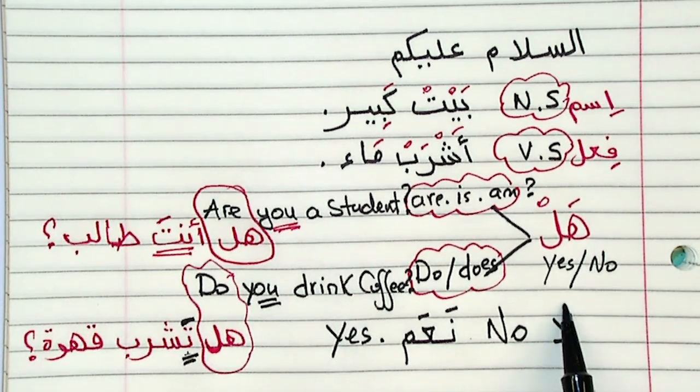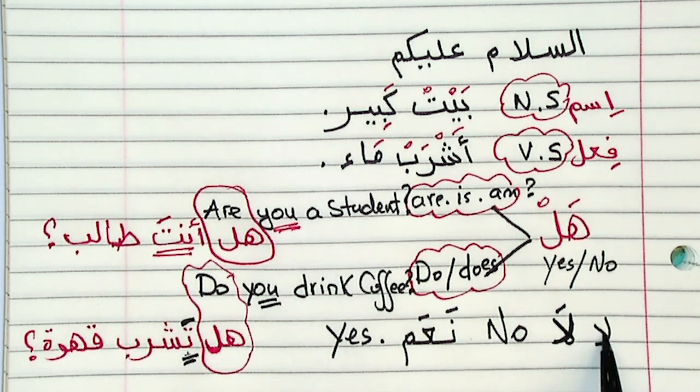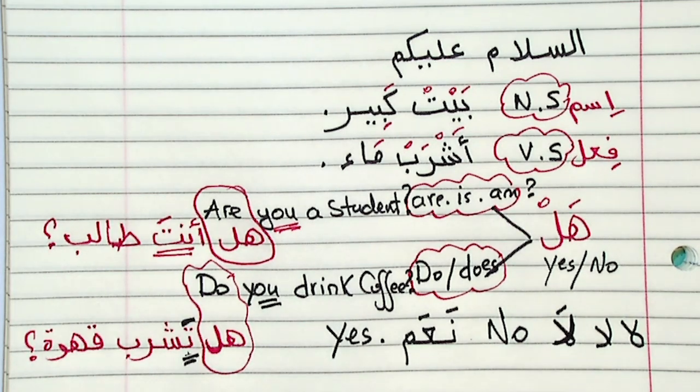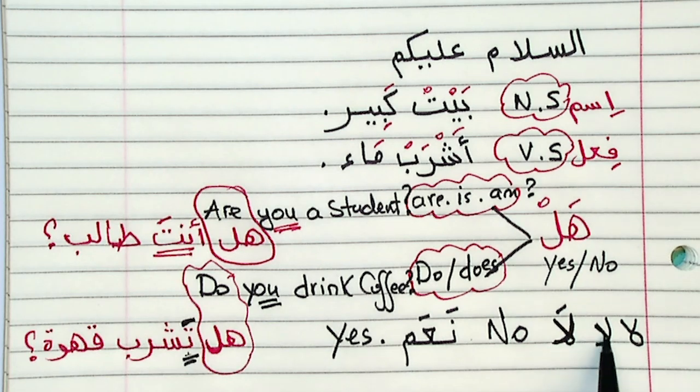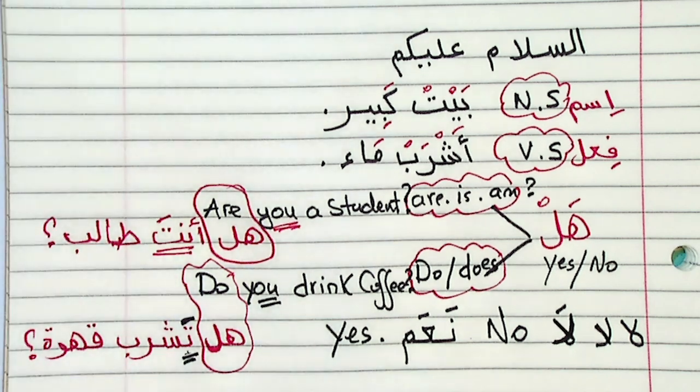And I have indicated this in previous videos, you place the lam, then you cross it with an alif. Some people create this loop. Some people just keep it like that. You would even find other people writing it like this. But the whole point is to have lam and alif crossed for la, no.